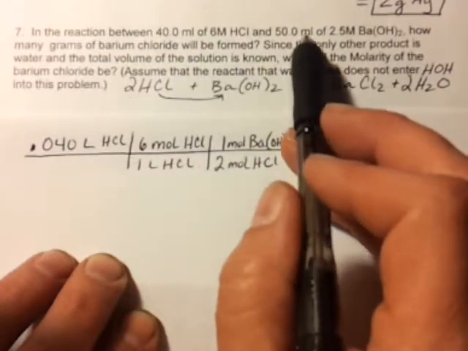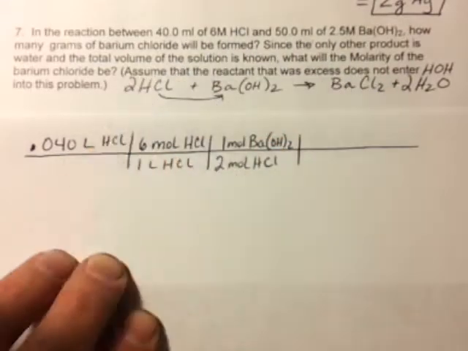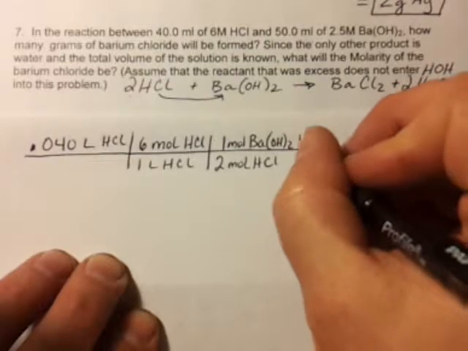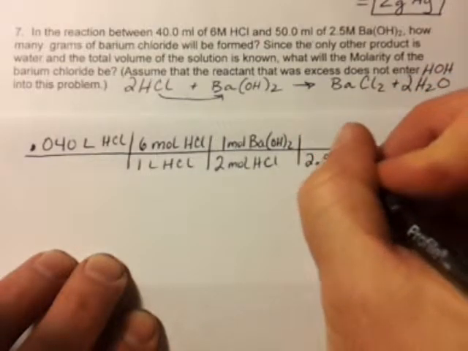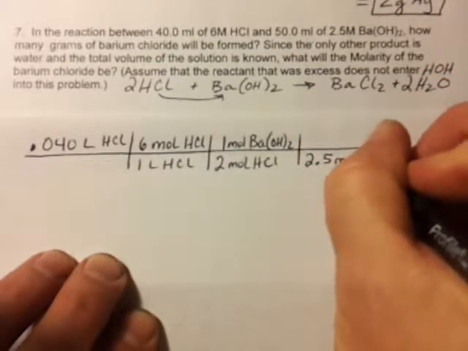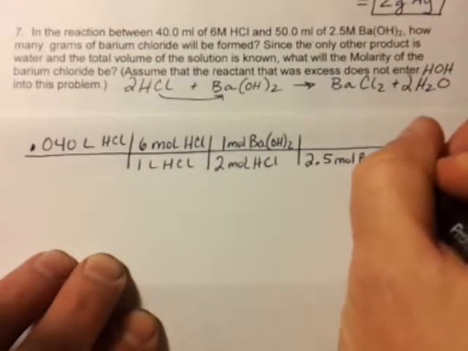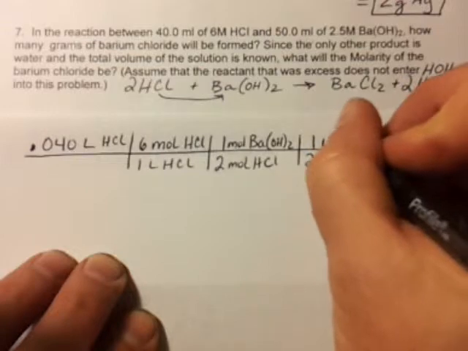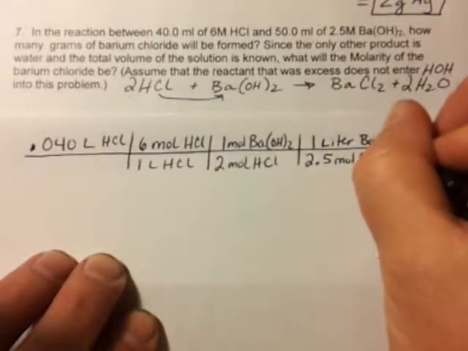And the only way I can get to liters is if I use that molarity. So I know that I have 2.5 moles of barium hydroxide if I have 1 liter of barium hydroxide.